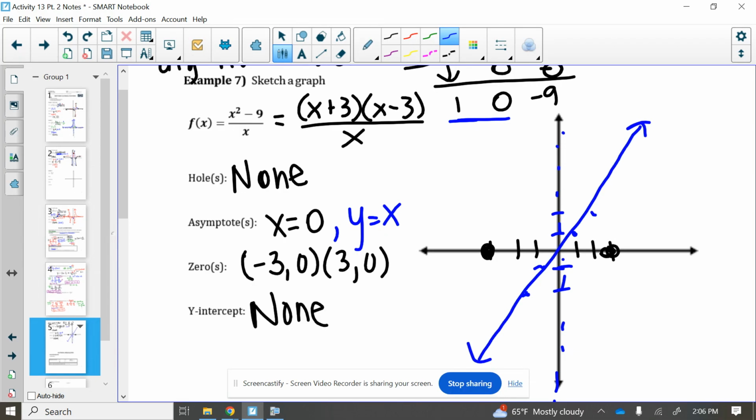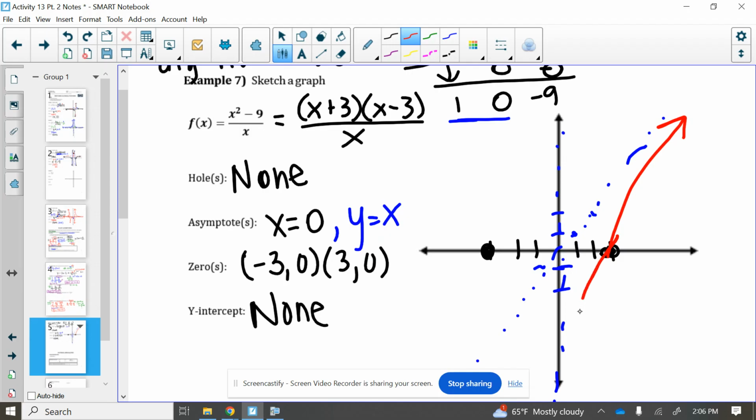It might even be easier if we just dash that so we know what that is. Now this time, because of the nature of our slant, it's going to pass through our x-intercept, but then it's going to follow along these different asymptotes, this vertical one, and then down along this slant one. So we see that curved nature of it following along.